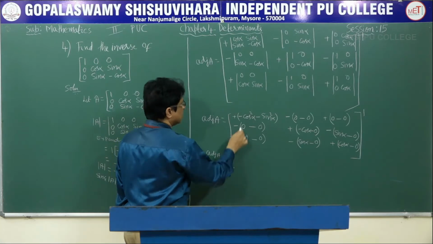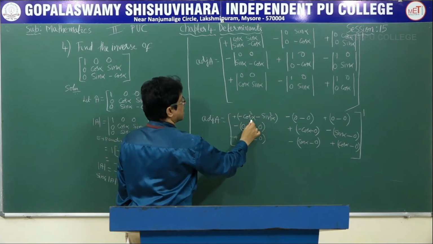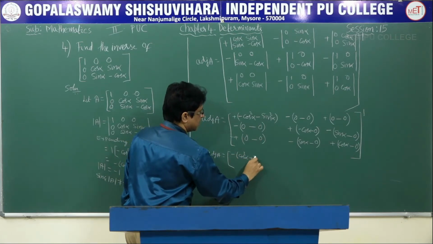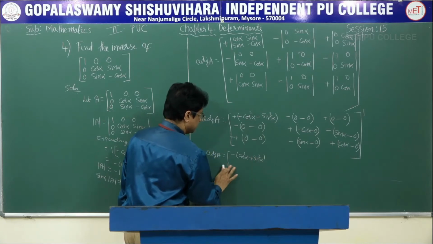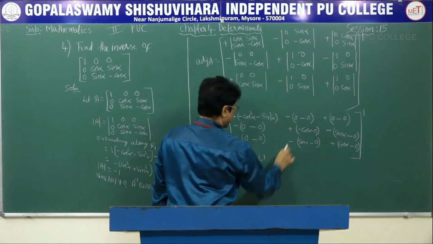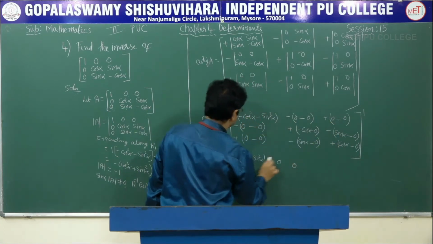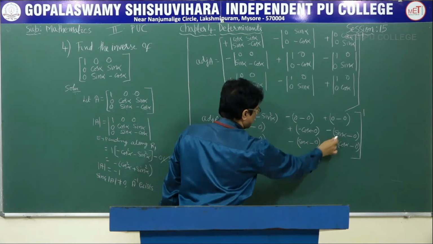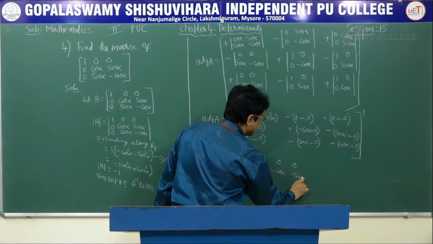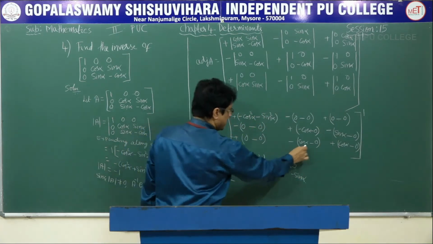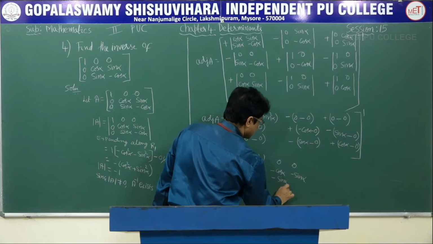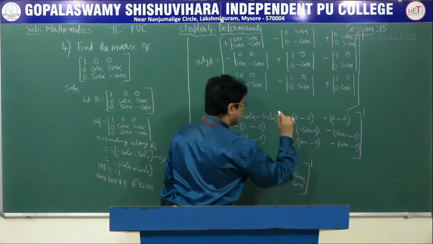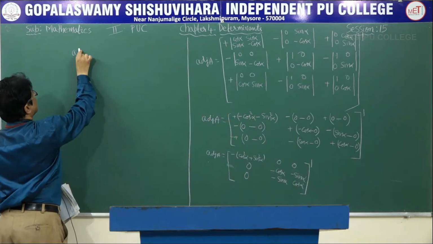So adjoint A is equal to, if we take minus common here, we get cos square alpha plus sin square alpha, cos square alpha plus sin square alpha. This will be 0, 0, 0. This is minus cos alpha, minus sin alpha, 0, minus sin alpha, and this will be cos alpha, and we have to put dash.